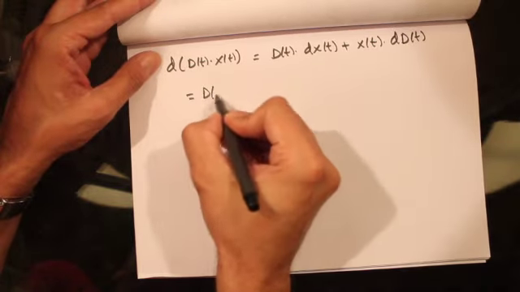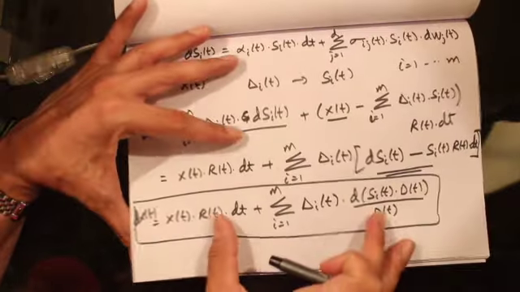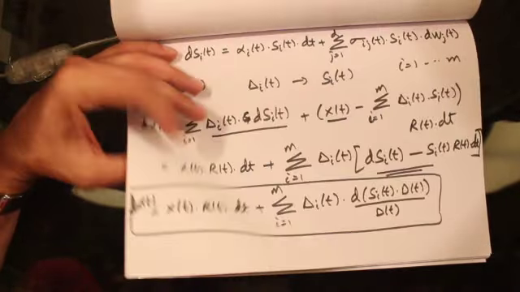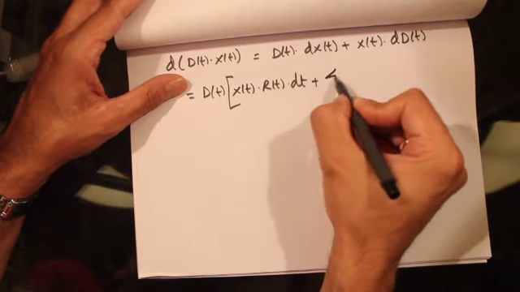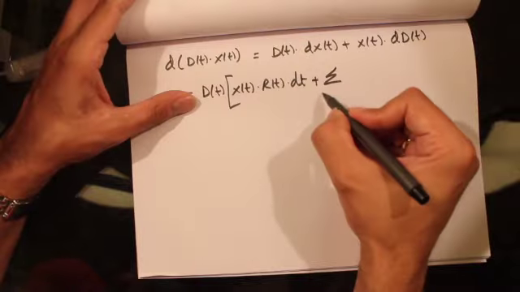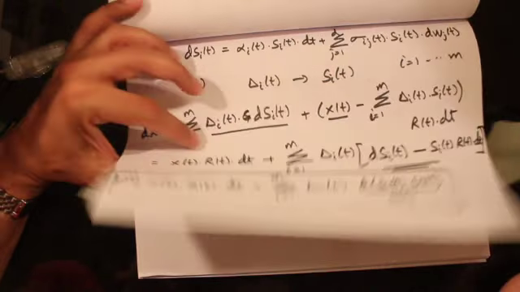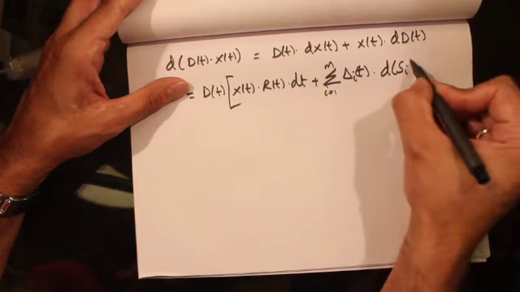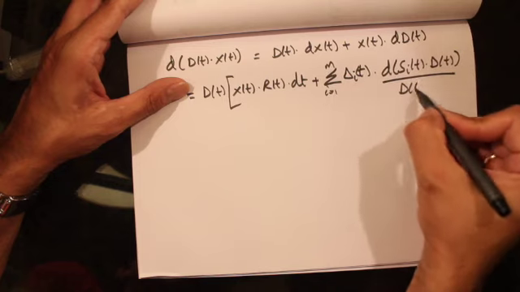Here we can write D(t) times dX(t), and we just got this particular equation right here, so let's write that: X(t) R(t) dt plus the summation i equals 1 to m Δi(t) dSi(t), all divided by dt.